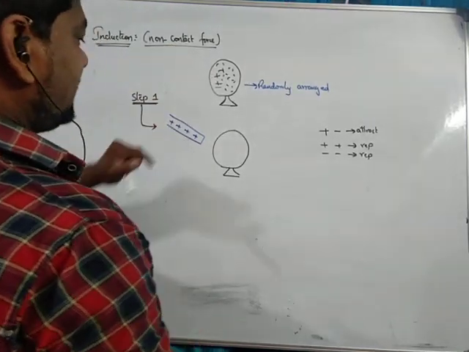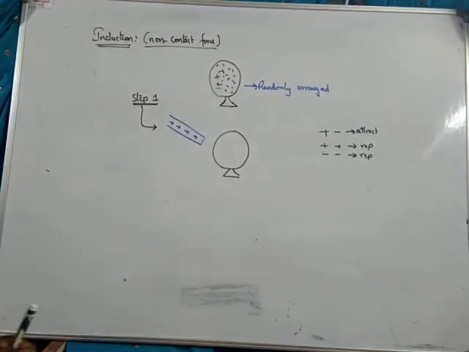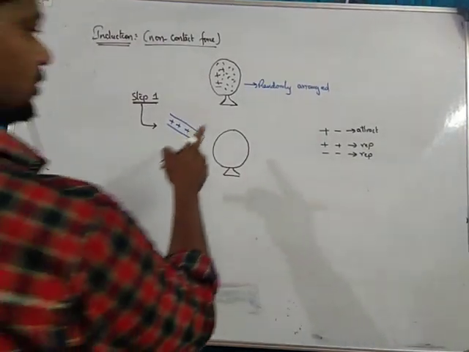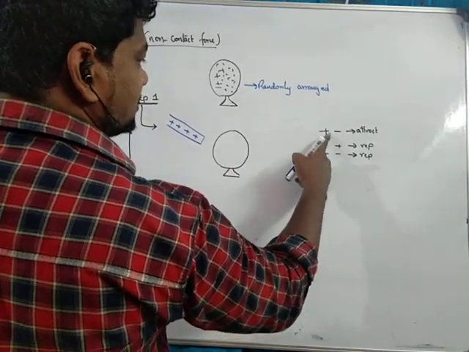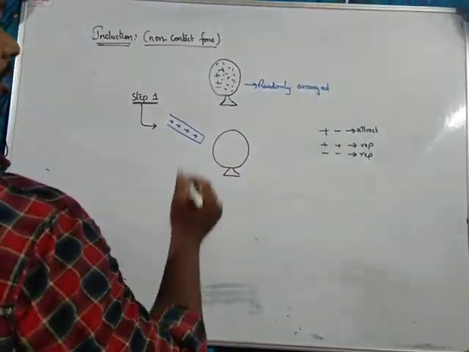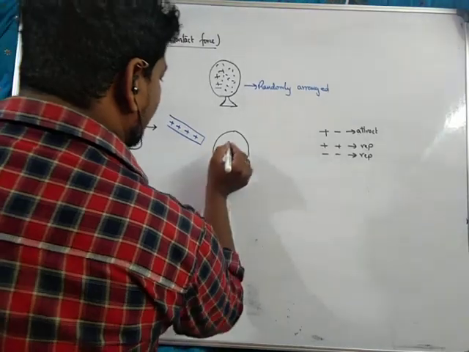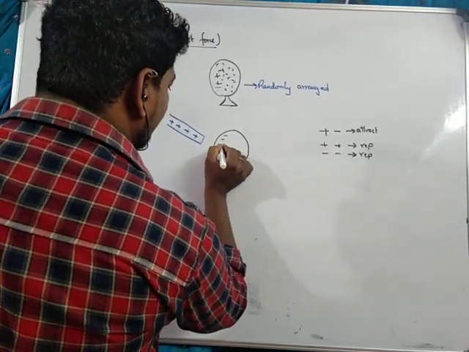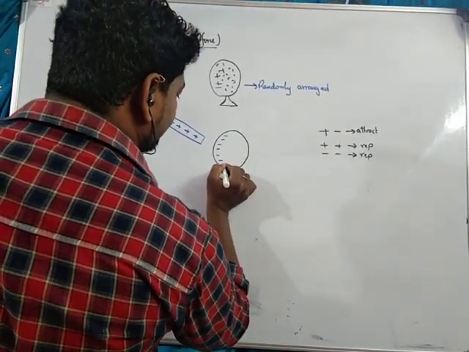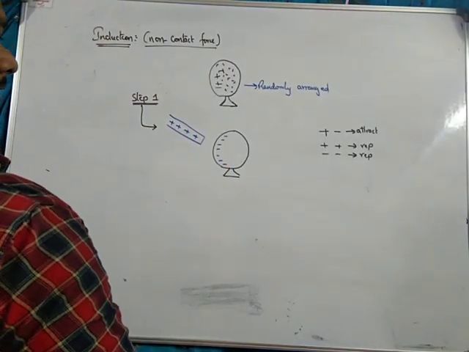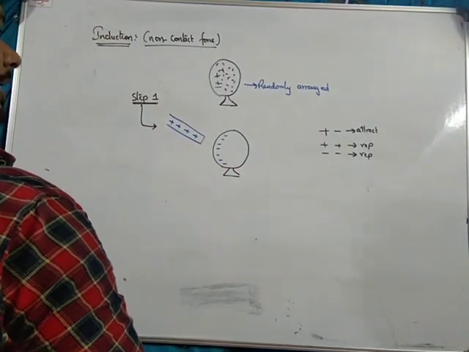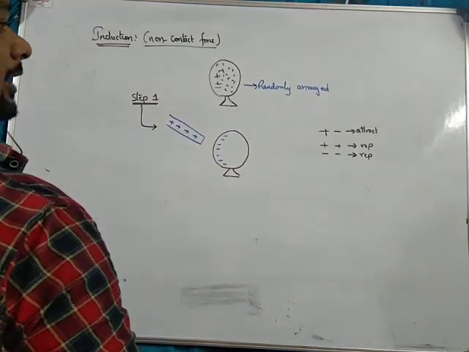In step 1, we placed an iron rod which has a positive charge. According to our concept, positive and negative will attract. So all the negative charges will be attracted and come to one end of the surface because they are in attraction mode.